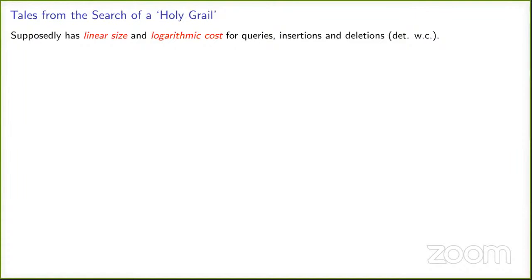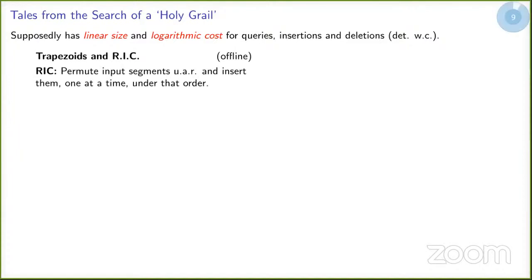The holy grail has linear size, logarithmic costs for queries, insertion and deletion operations, where each is deterministic worst case. And there are basically two conceptually different approaches. The earliest approach is based on trapezoids and the randomized incremental construction, and they're mainly providing offline structures. So the randomized incremental construction permutes input segments uniformly at random and inserts them one at a time under that order.